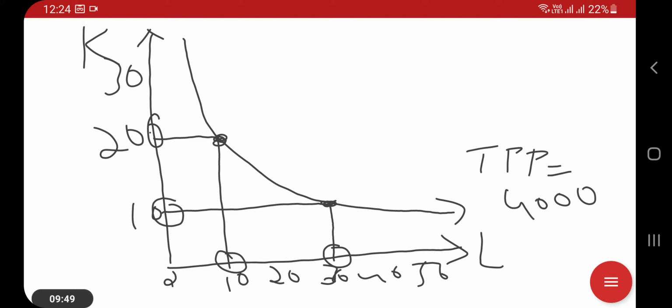An isoquant is usually shaped concave because of the law of diminishing returns. With fixed capital, employing extra workers gives a declining increase in the marginal product.